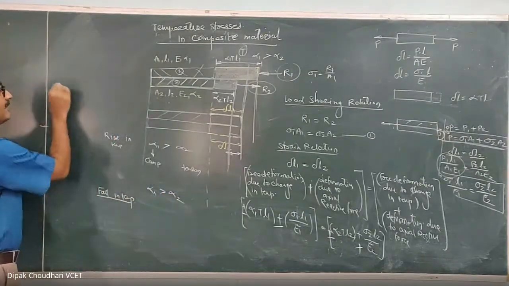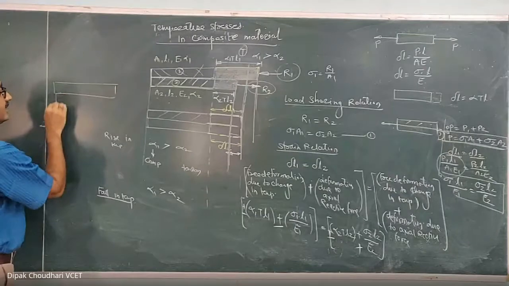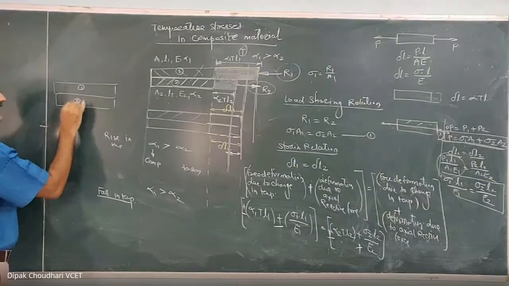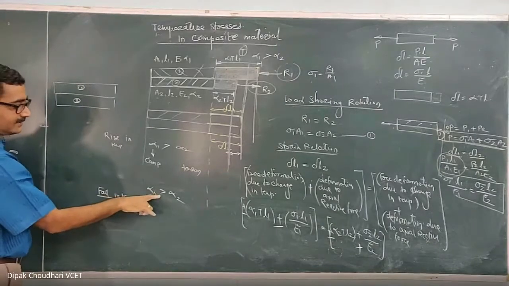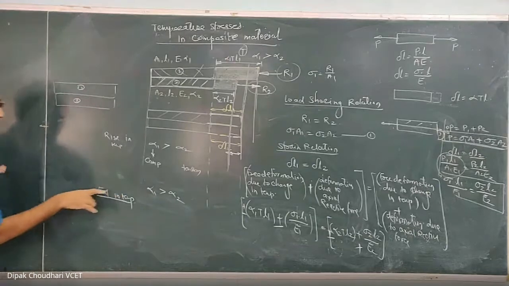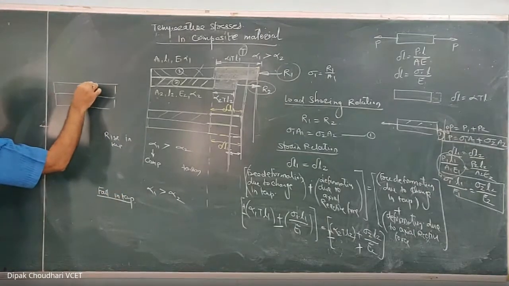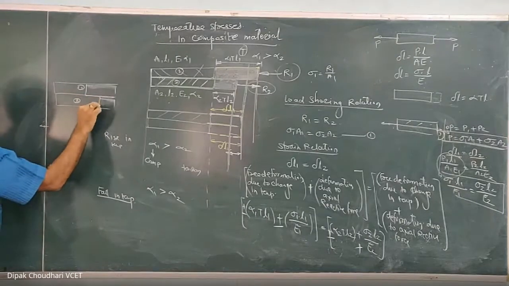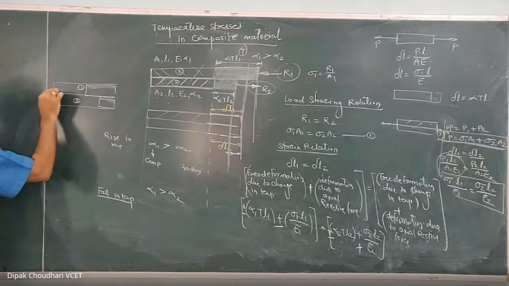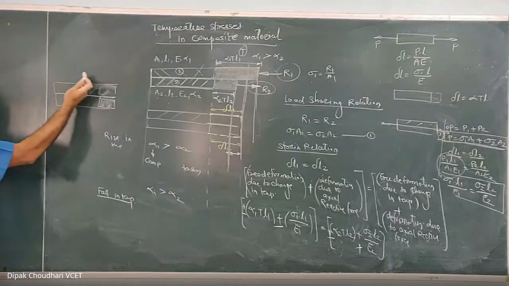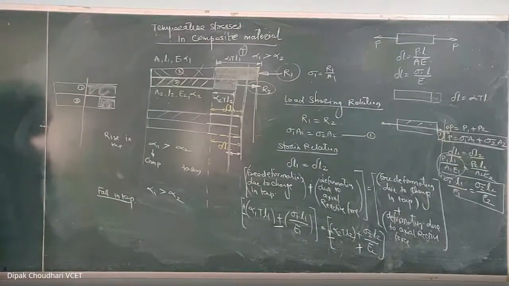Listen carefully, I am drawing the figure here, this is the original length. When there is a fall in temperature, this is material 1, this is material 2, and alpha 1 is greater. Alpha 1 greater means its deformation will be more. Since it is a fall in temperature, its contraction will be more and the other's contraction will be less. But since they are rigidly connected, material 2 will not allow it to contract up to this maximum length.